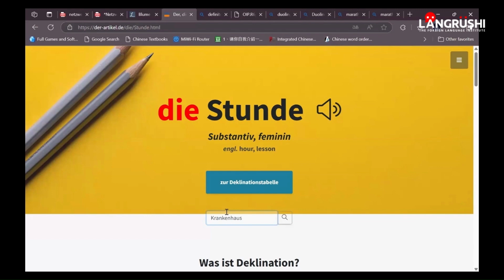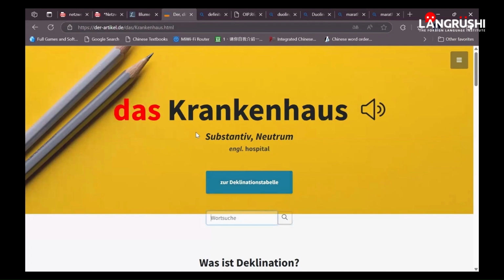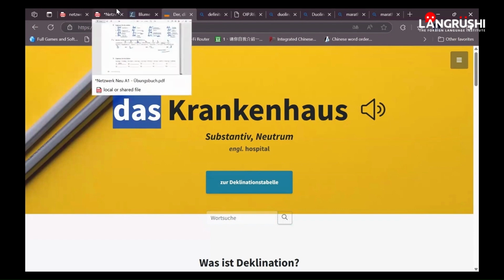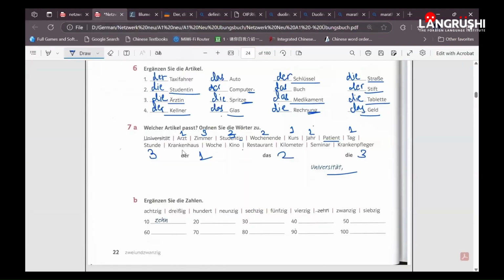Yeah, what's the gender? Das Krankenhaus. It's neuter. Correct. Das Krankenhaus, hospital. So it is 2.